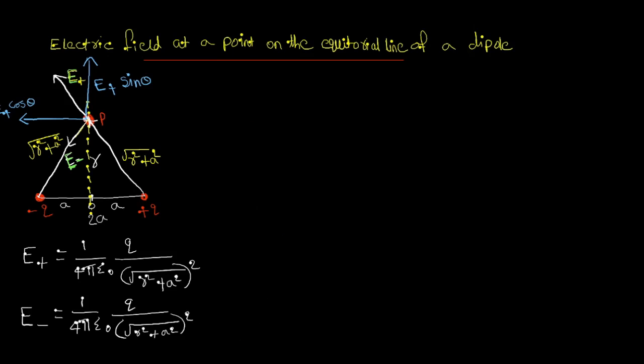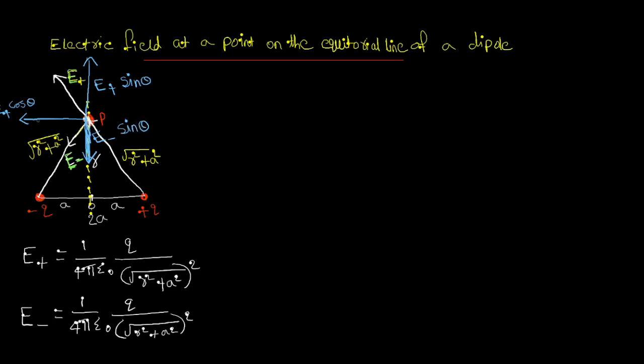The next is like that. We want to find the vertical and horizontal components of E negative. The vertical component of E negative is in this direction, and is taken as E negative sin theta.